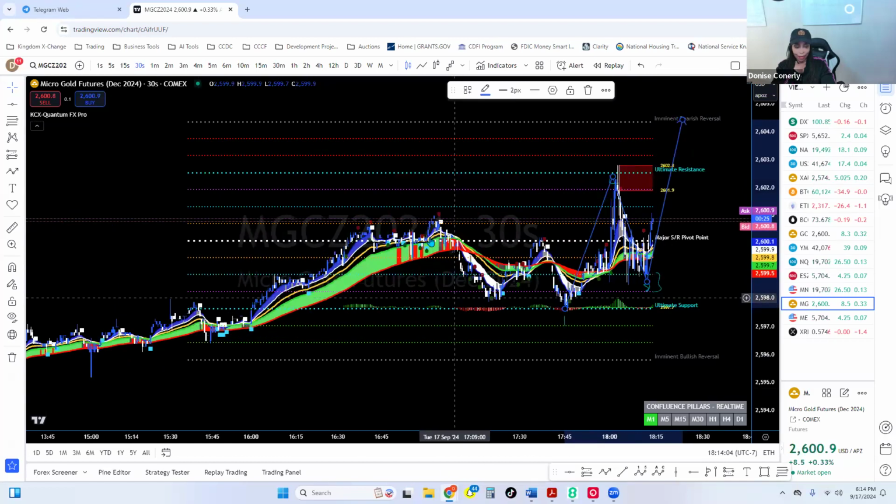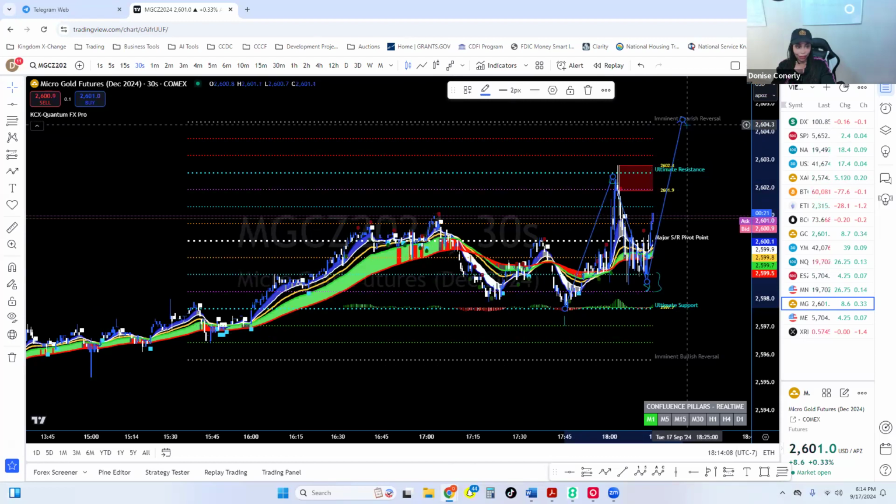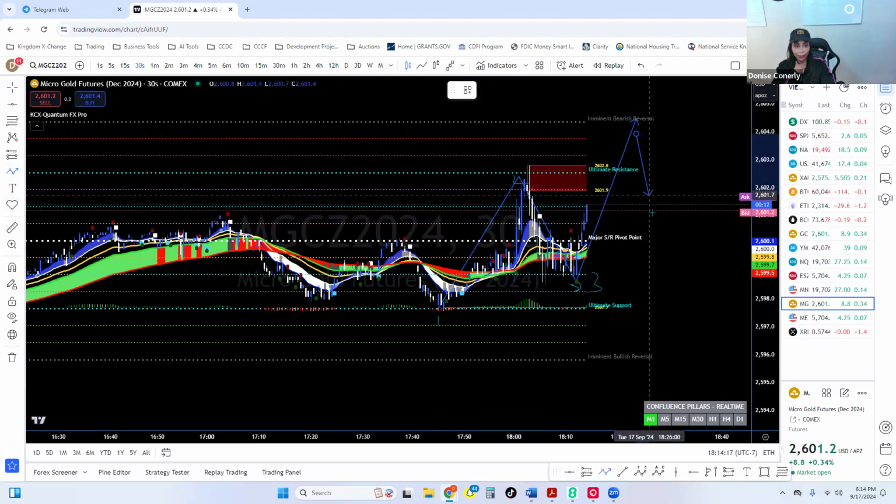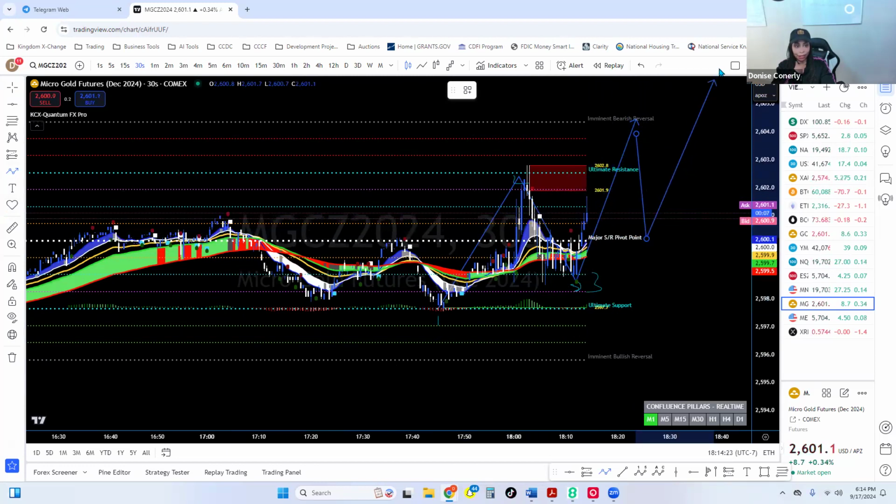It was in a range, so this is the first confirmation of it coming out of a range. I would like to see it come out of the range and then pull back to about this major support area right here, and then continue on.